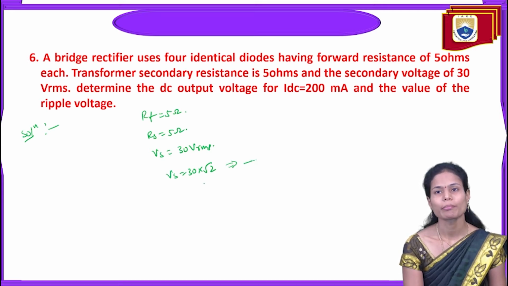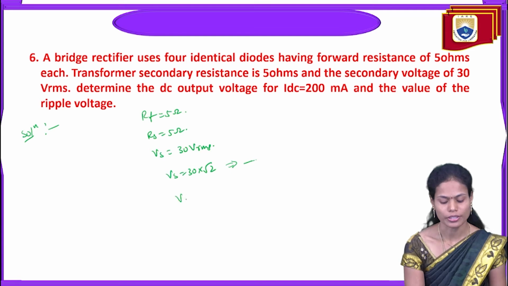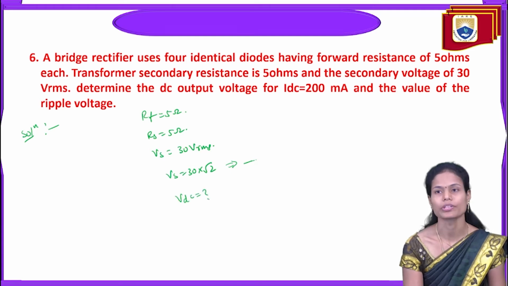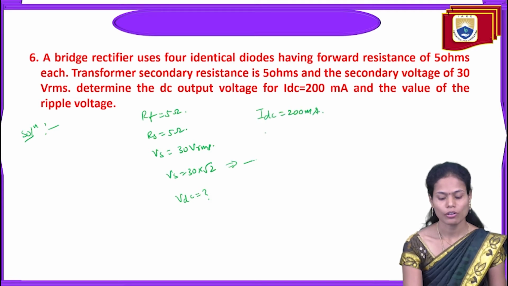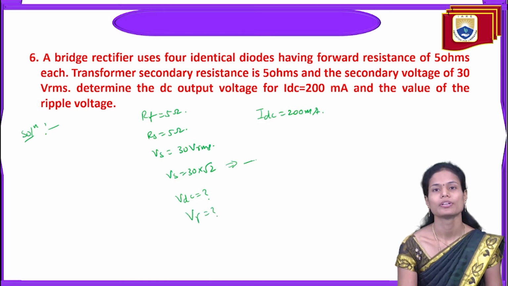And next, determine the DC output voltage, that is VDC equal to how much. Also IDC is given as 200 milliamps. And we also need to calculate the ripple voltage, that is V gamma equal to how much. So from this we need to calculate the VDC value as well as the V gamma value.